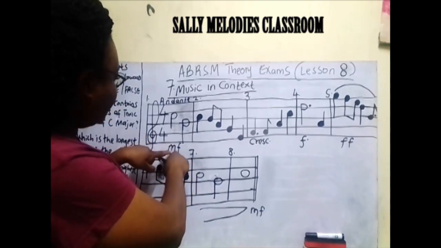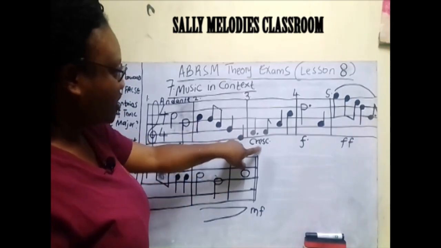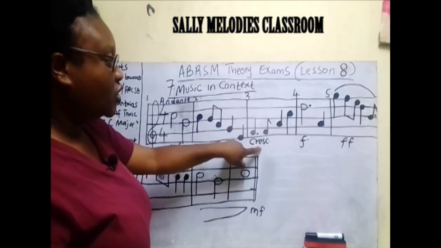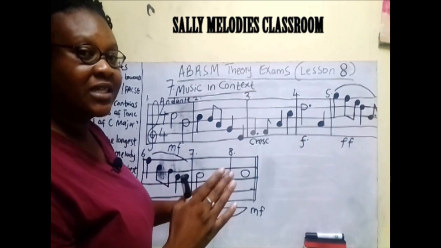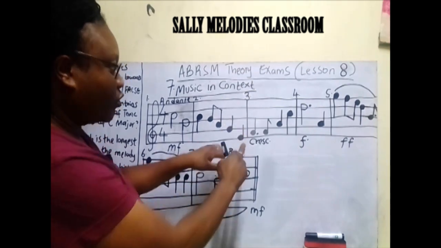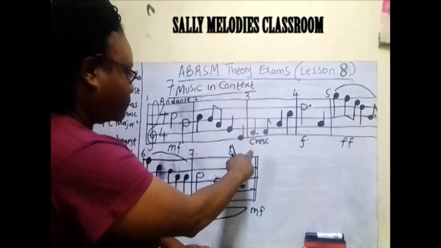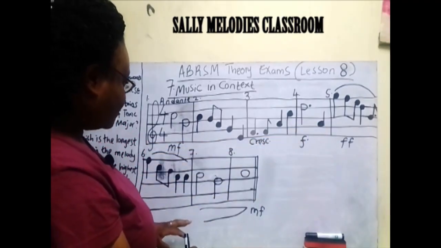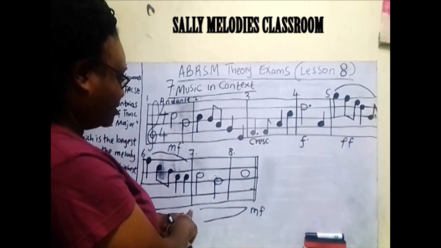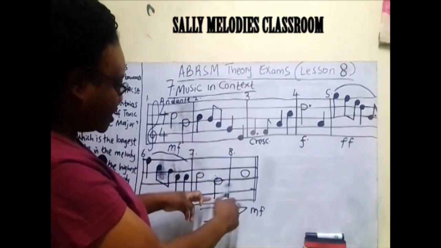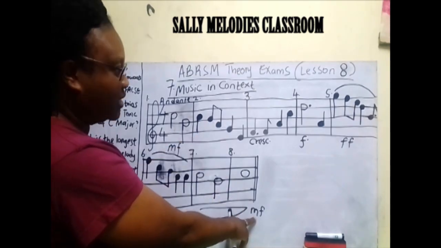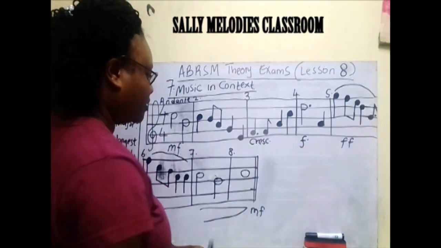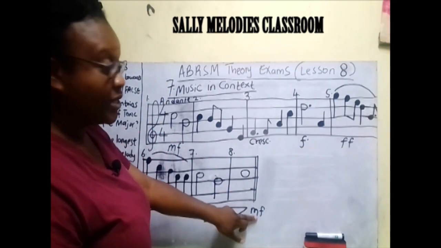And then we have MF, we have crescendo, meaning the song is going to gradually get louder from bar 3 all the way to bar 7, because for bar 8 you have another different dynamic. FF means very loud, F means loud, MF means moderately loud.